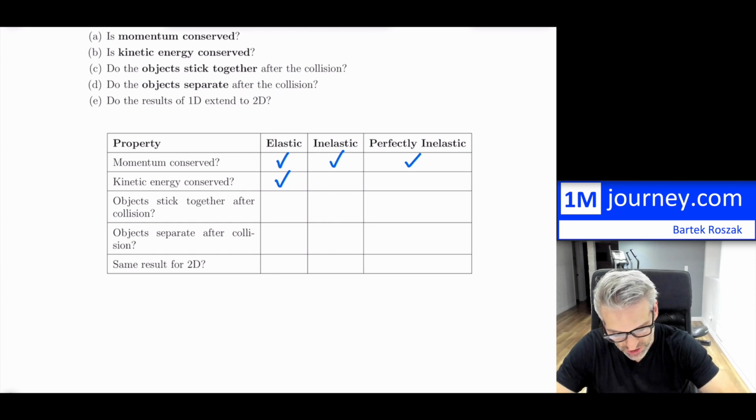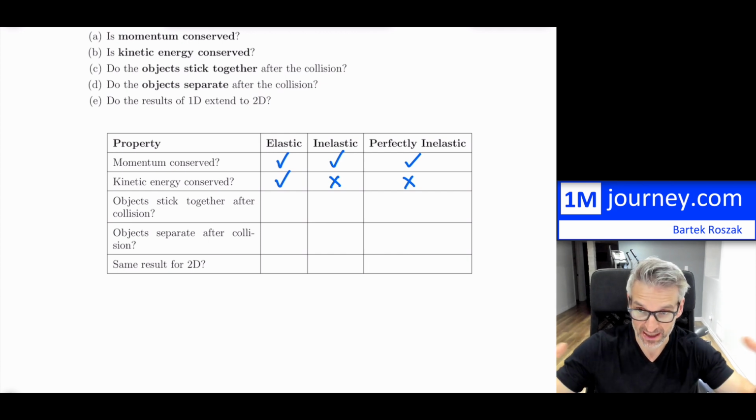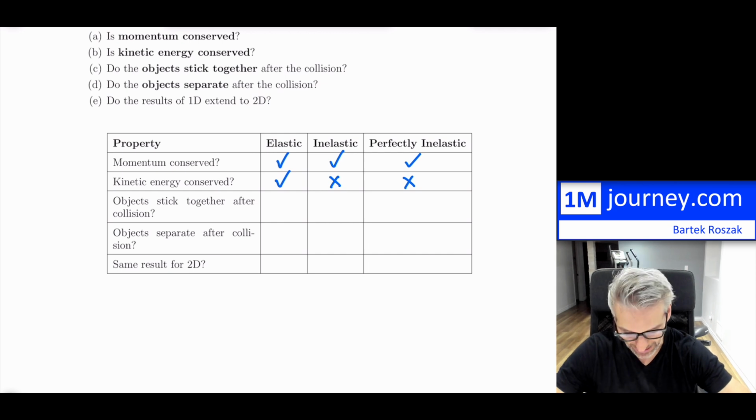Kinetic energy is not conserved under inelastic or perfectly inelastic. If you get asked to justify, just look at the kinetic energy, and you're going to be able to tell very quickly if the collision was elastic or not. All right, so that is one key component.